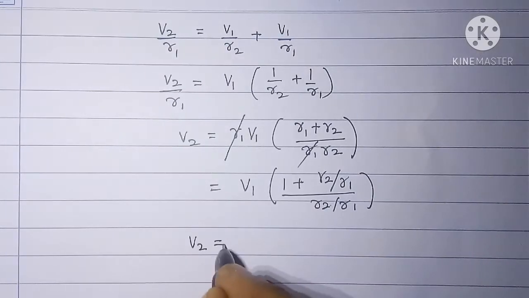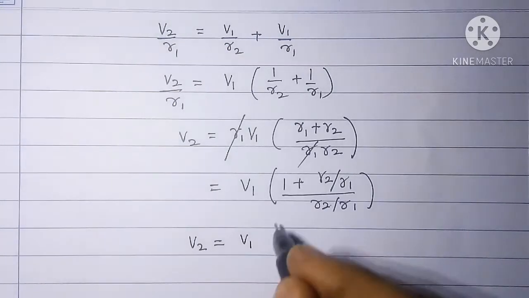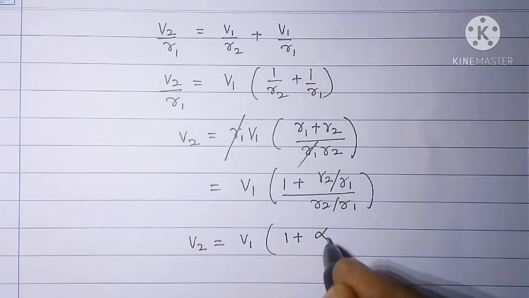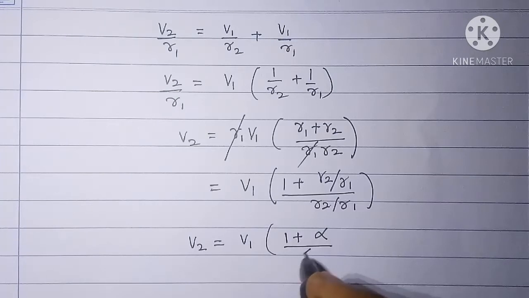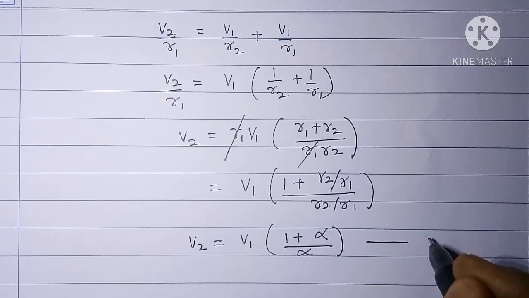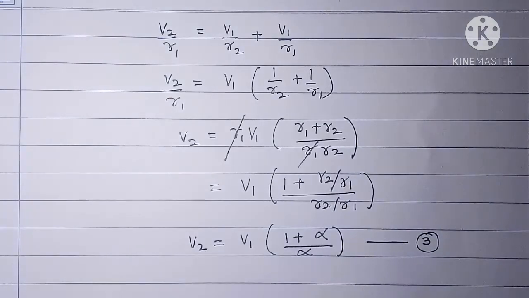Therefore, V2 may now be written as V1 into (1 plus alpha) divided by alpha. Let us call this equation 3 now.